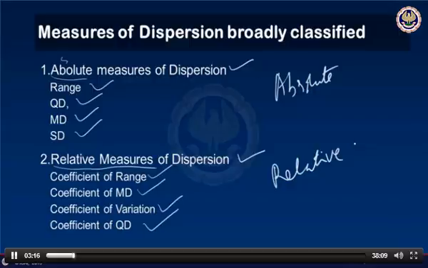Absolute measures depend on the unit of the variable under consideration, whereas relative measures of dispersion are unit free. For comparing two or more distributions, relative measures of dispersion are considered. Compared to absolute measures, relative measures of dispersion are difficult to compute and comprehend.